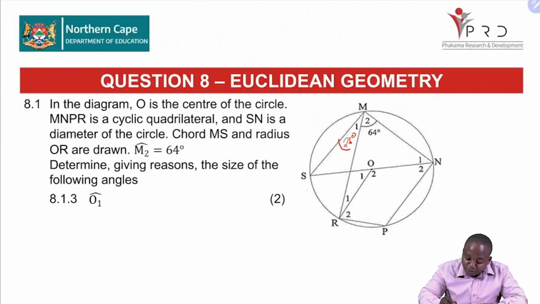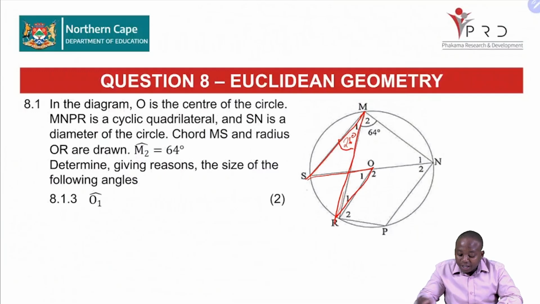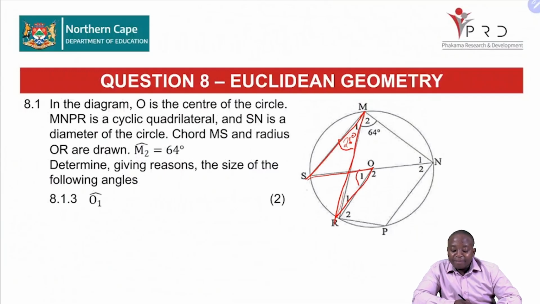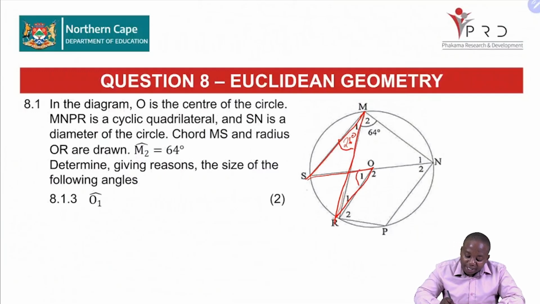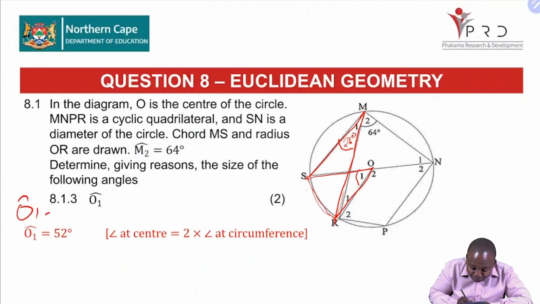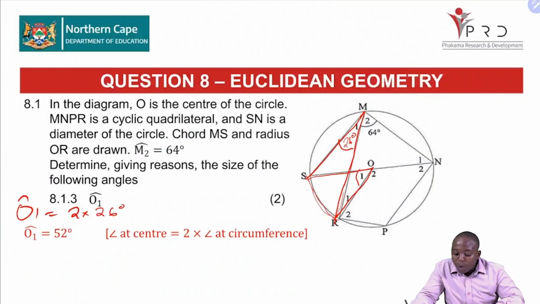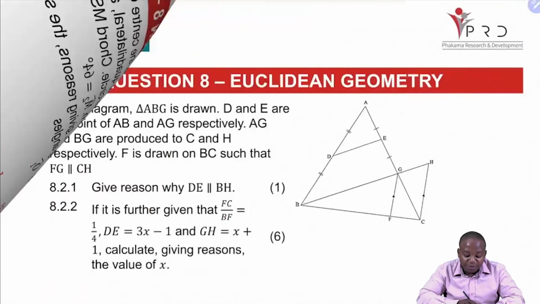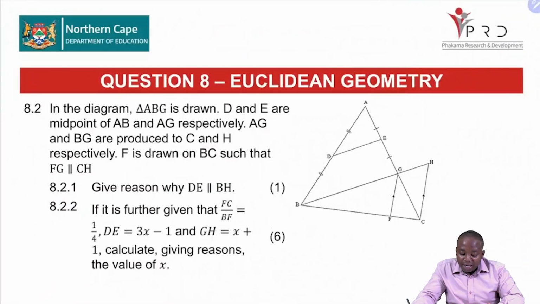And as you can see from our pre-question analysis also, we identified that the angle at the center is twice the angle at the circumference, because these two angles are subtended by the arc SR. So O1 is going to be 2 times M1, which is 2 times 26. Then O1 is 52, which is angle at the center is twice the angle at the circumference.